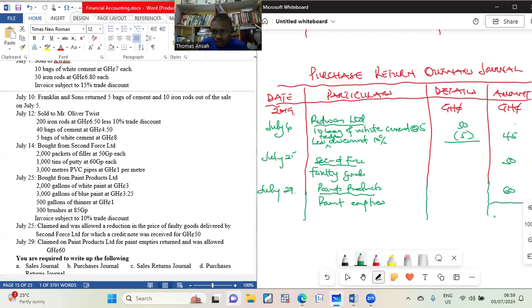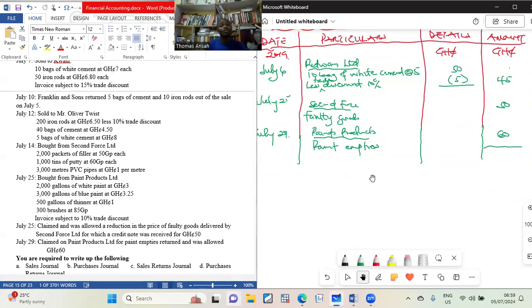So you total this one. And where do we transfer this to? We transfer it to the return outward account. So 45 plus 50 plus 60, 155. Transfer to return outward account.